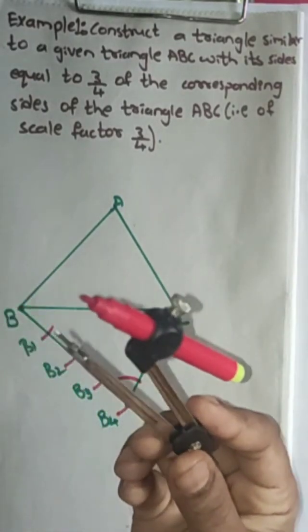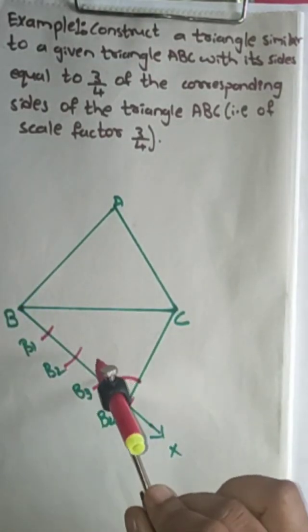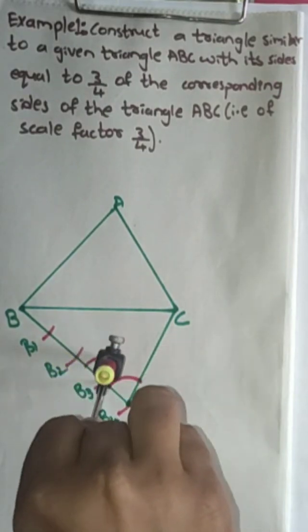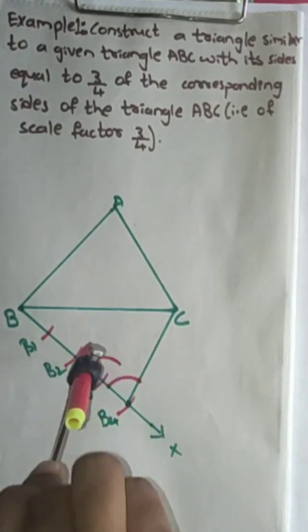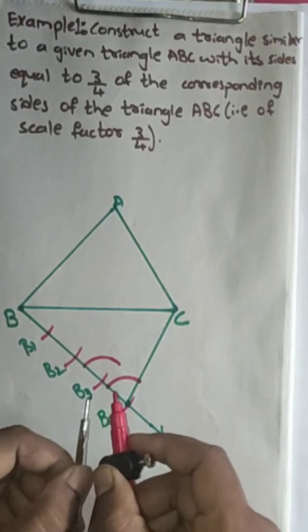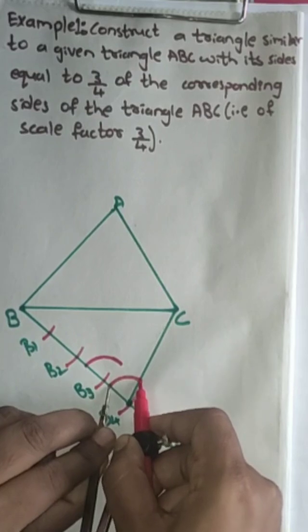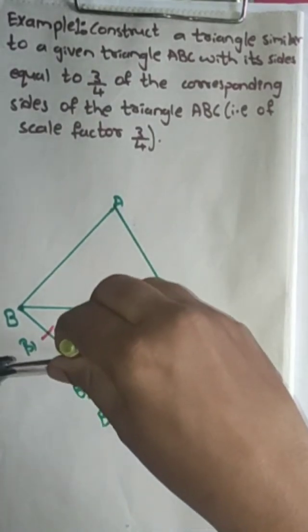Without changing your compass, keep on B3, draw the same arc. Now measure the arc. Now cut an intersection arc.